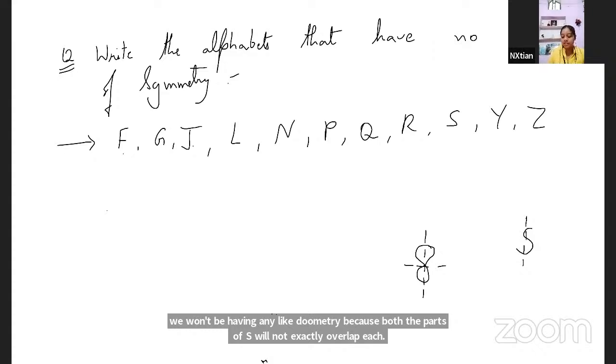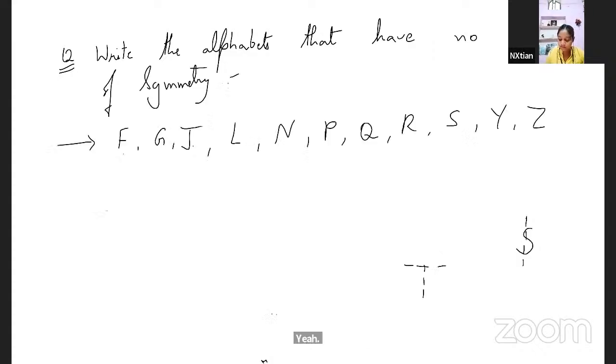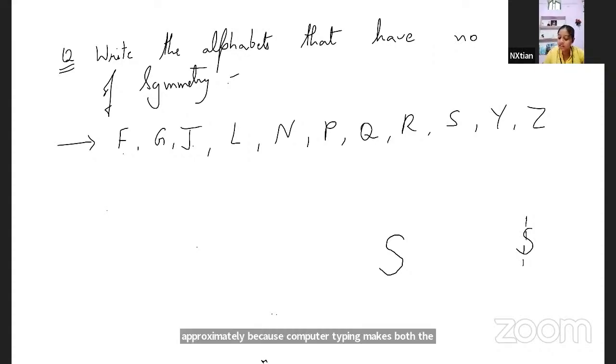Ma'am, but when you type S on the computer, it kind of has a line of symmetry. Because computer typing makes both the ends look the same. But again, if you fold it, it will not exactly overlap.